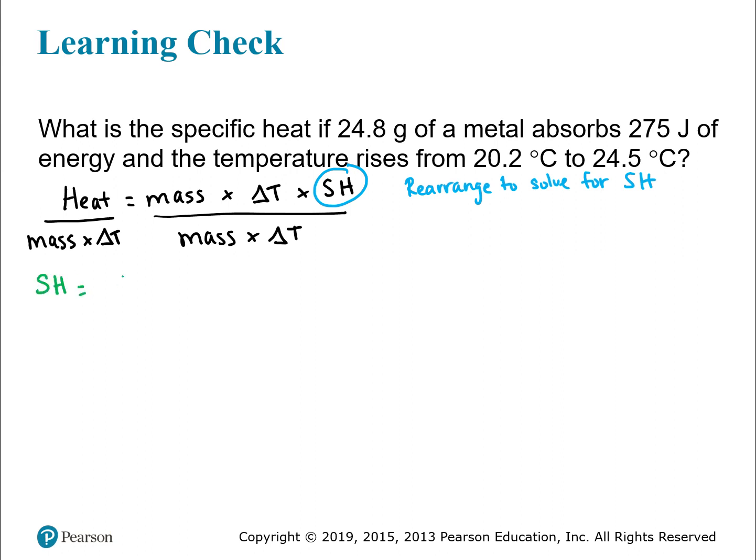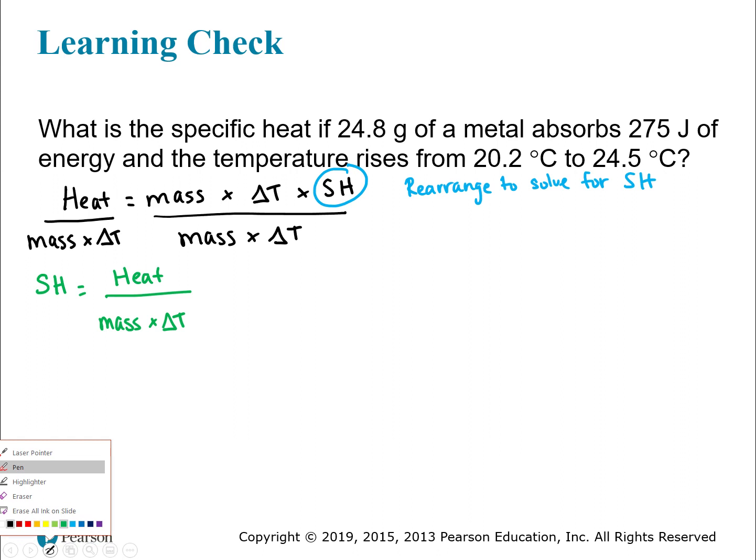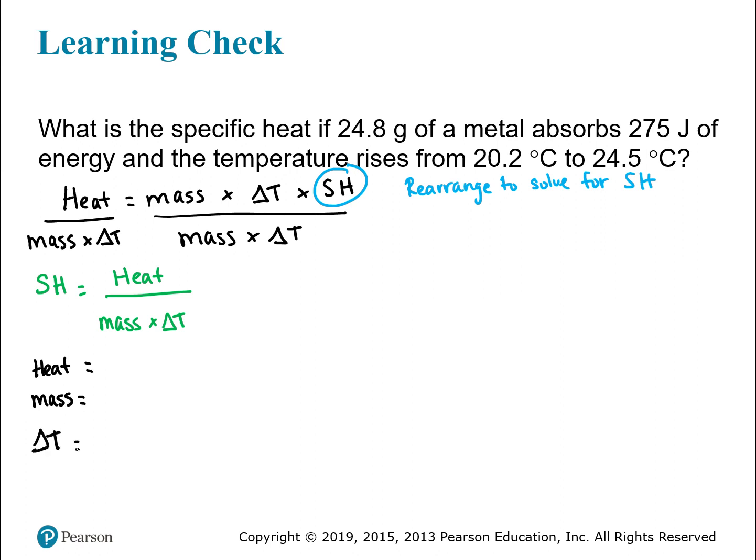Specific heat is equal to the heat divided by mass times delta T. Let's make sure that we have all of our components. We need to know the heat, the mass, and the delta T. All of these things should be provided in the problem if we're going to solve for specific heat.